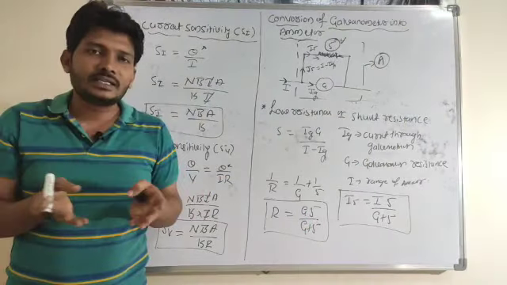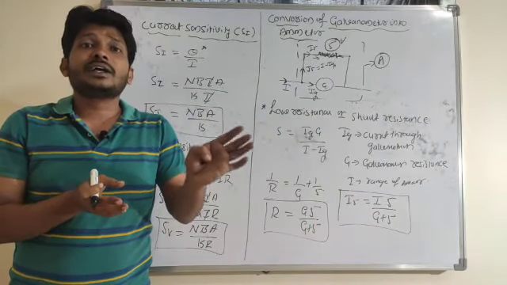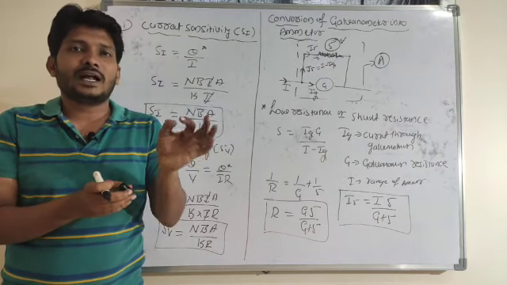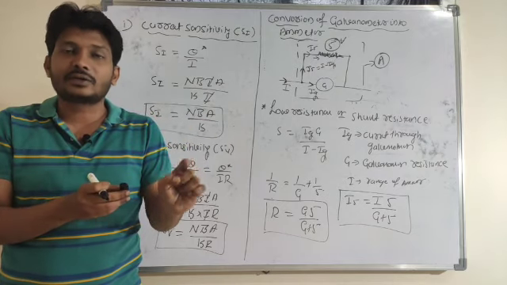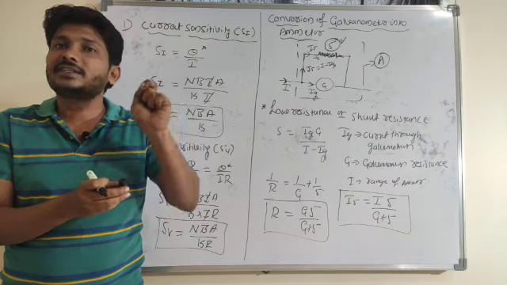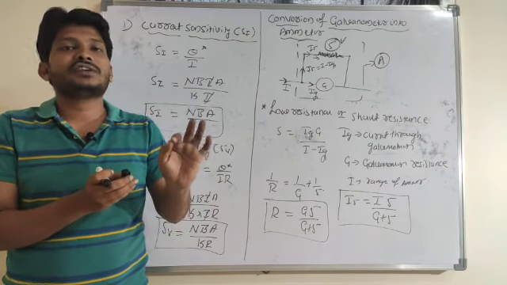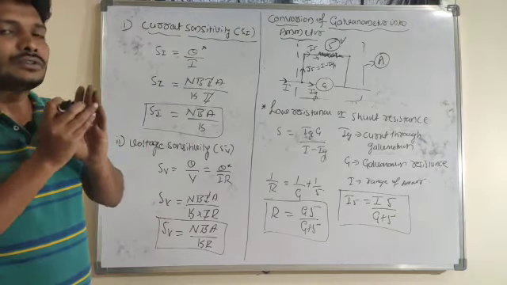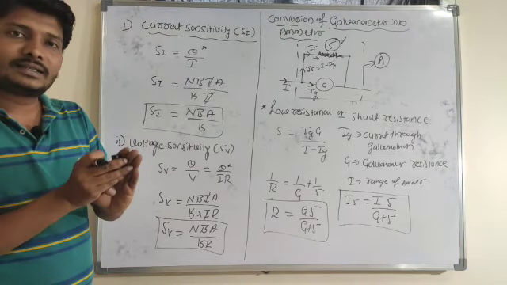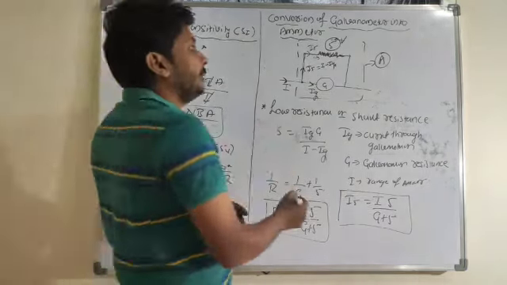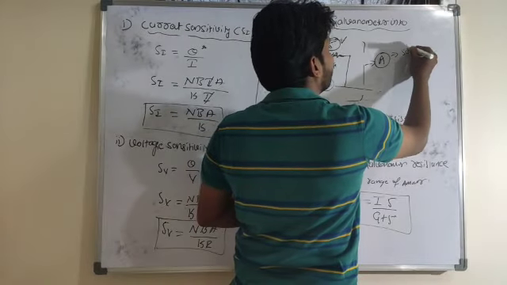For example, in any circuit, I want to find the current. In order to measure current in any circuit, the ammeter should be connected series to the circuit. Why? Because in a series combination, current remains the same.